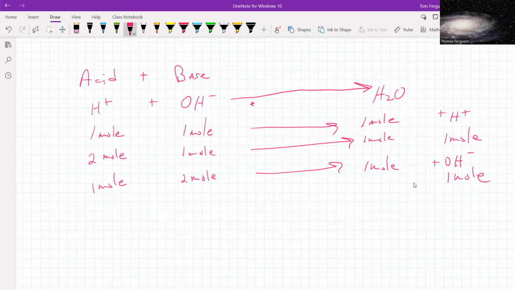So there is a metric, it's called pH, and that's used as a measurement of how much H you have and how much OH is present.